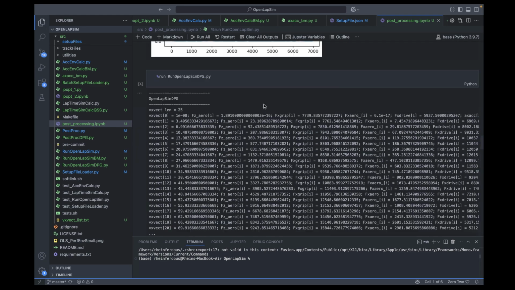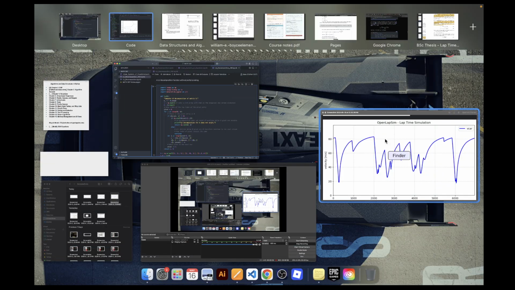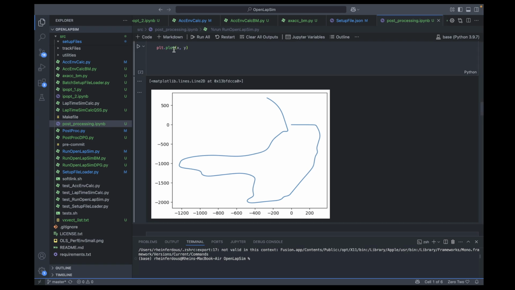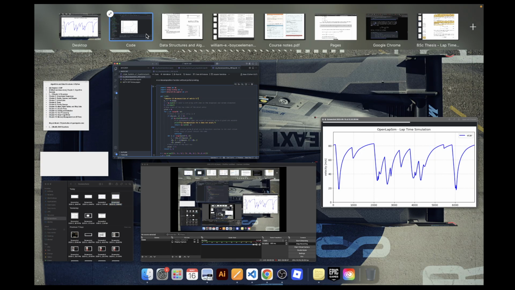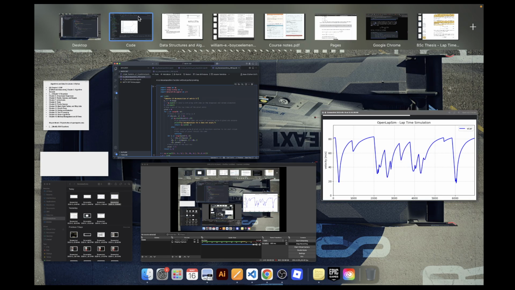This is why I generated the image of the track. Anyway, sorry.